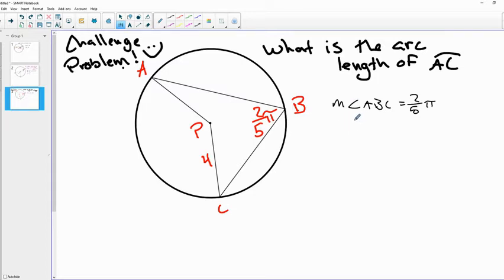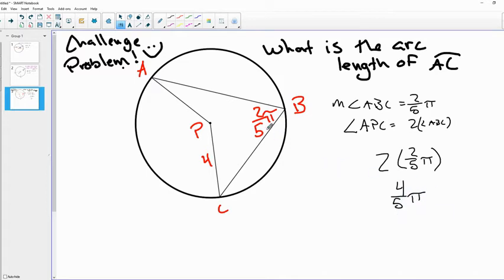With the same logic, we know that the measure of APC is going to equal 2 times the measure of angle ABC. So we plug this in: 2 times 2/5 pi is going to give us 4/5 pi.